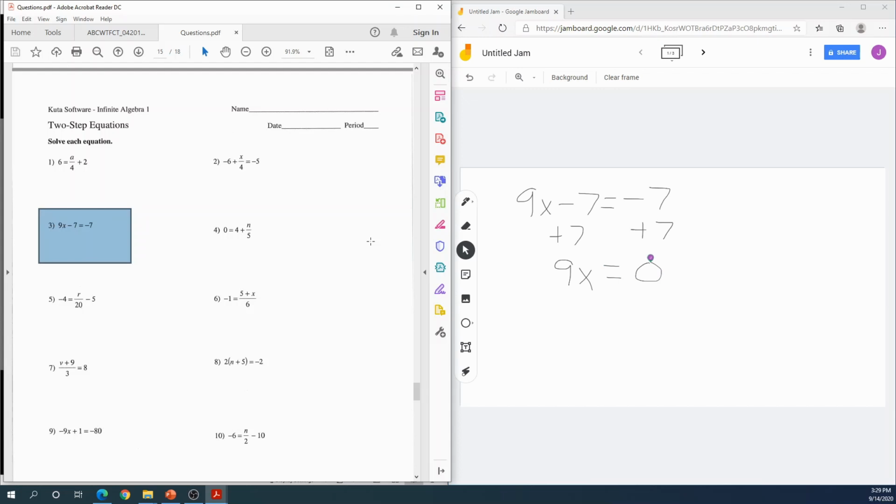Let's divide both sides by 9. So we get 9x times 1 over 9 is equal to 0 times 1 over 9. 9's cancel, so we get x is equal to 0 divided by 9, which is just equal to 0.